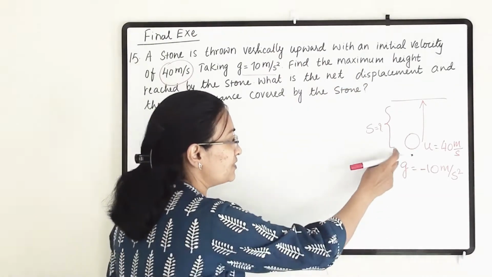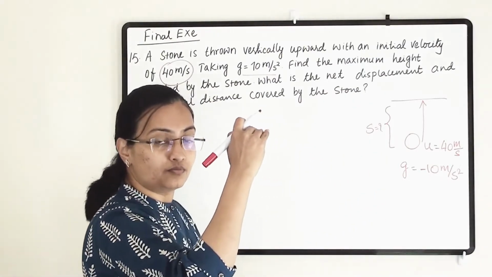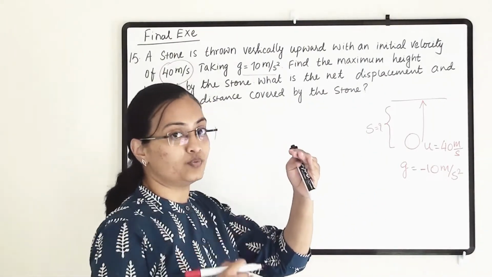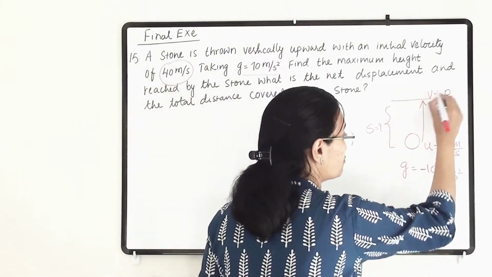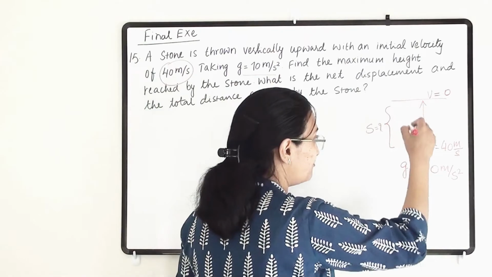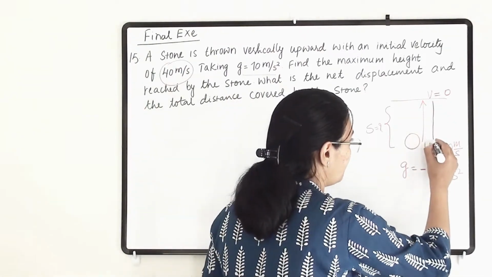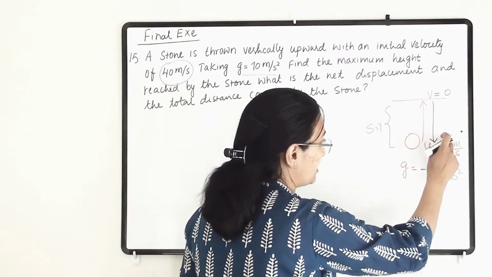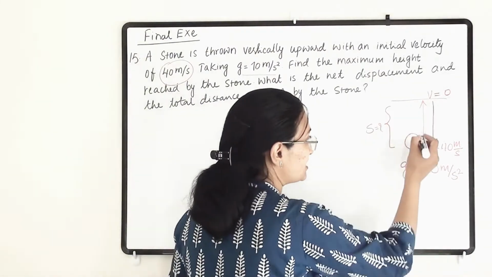So once it goes up, it will stop at one point and again it will come back. At that point its final velocity is going to be 0, and after that it will start coming back. From there it will start coming back. So how much total distance will it cover once it is going up?